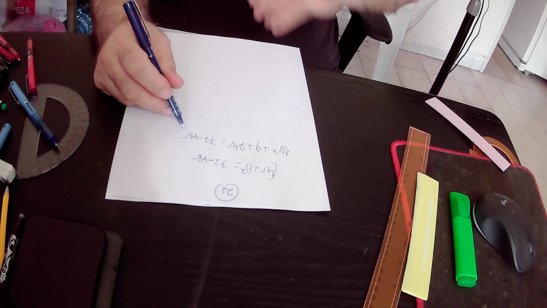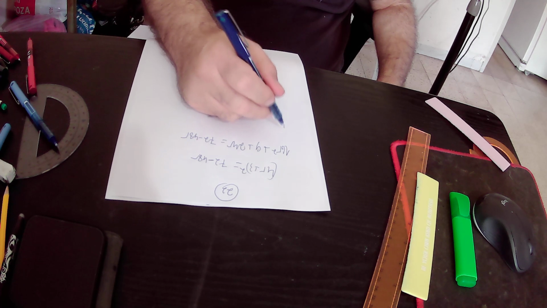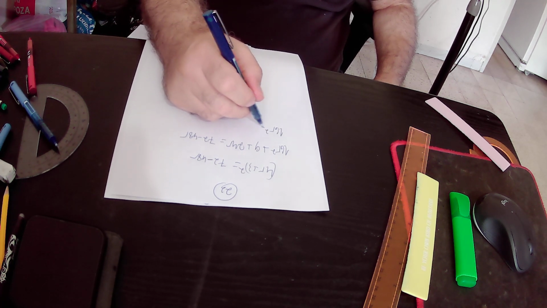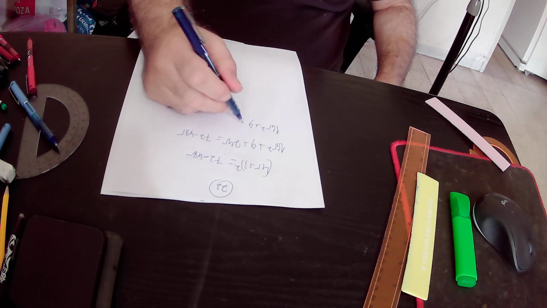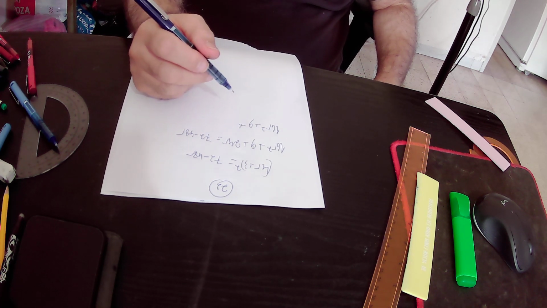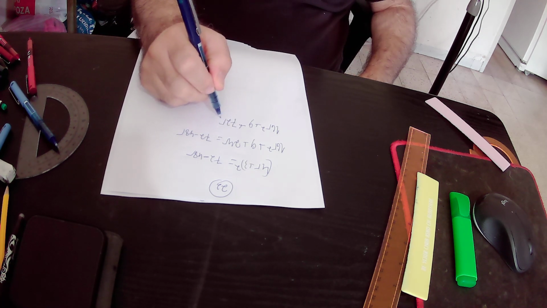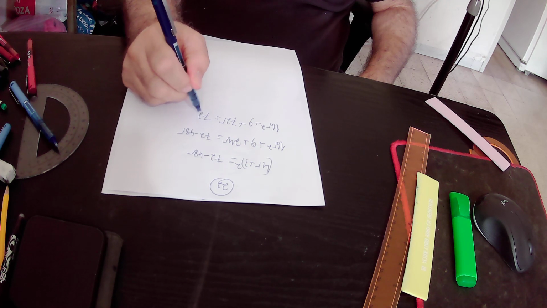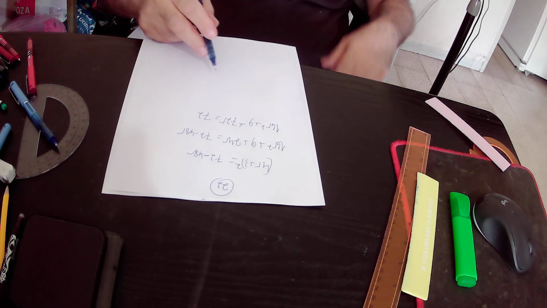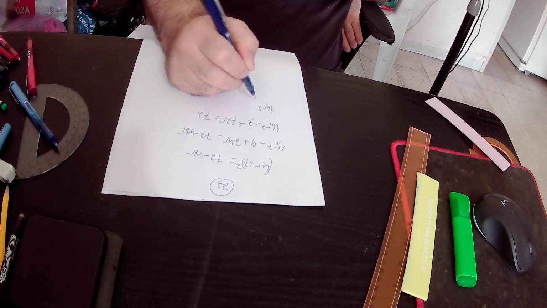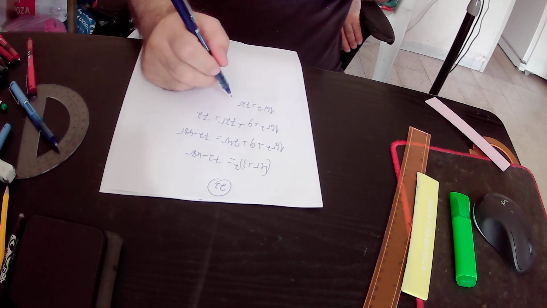Here we will add 48R to this equality, and we will get that 16R squared plus 9 plus 24R plus 48R is 72R, equals 72. So here we will subtract 72 from this equality, and we will get that 16R squared plus 72R plus 9 minus 72 is minus 63, equals 0.